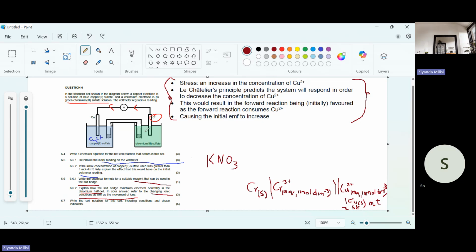The salt bridge will bring in the negative ions that are leaving. Remember the Cr, you explain only by referring to Cr. You don't bring in another substance. So what's going to happen there?